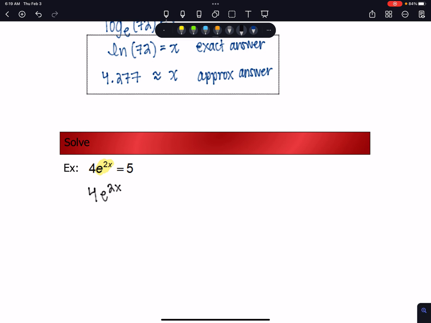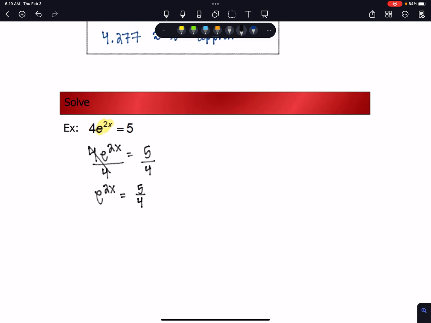I have to divide both sides by 4, and we get e to the 2x equals 5/4. Now we're going to write this in log form. Log base e of 5/4 equals 2x.